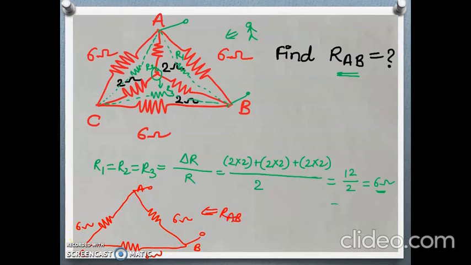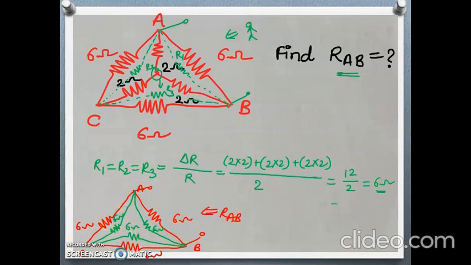Now the inner star we have converted to delta. And each value R1, R2, R3 is what? 6 ohm. So this will be the 6 ohm, again this 6 ohm, and this is also 6 ohm.